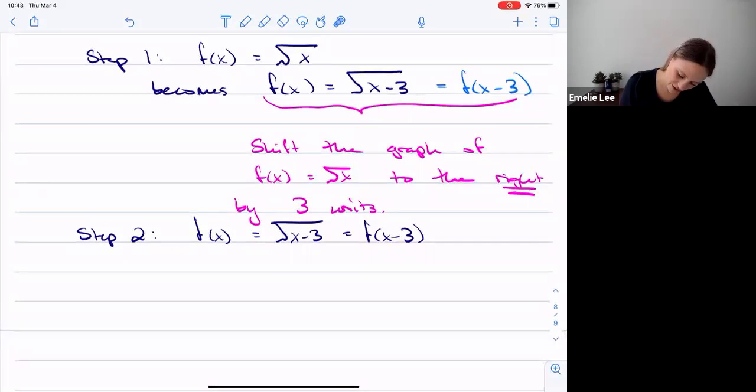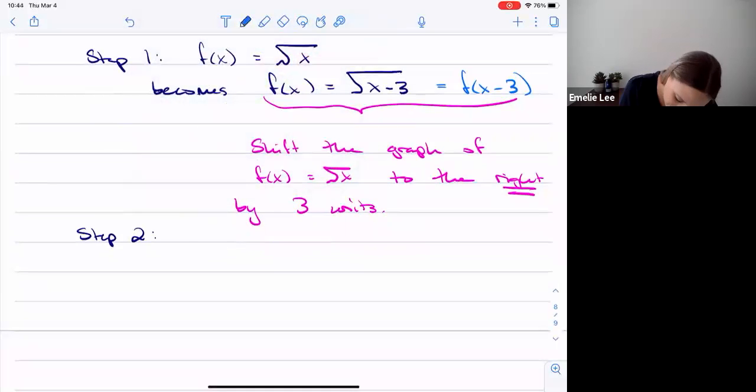We have to add 4, and maybe I shouldn't call it f of x anymore. It just gets confusing, doesn't it? Maybe call this g of x. Let's not use the same letter again.